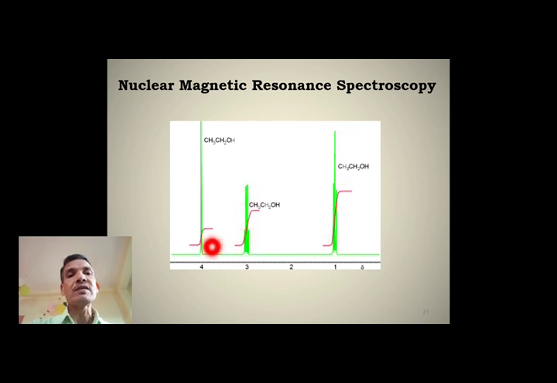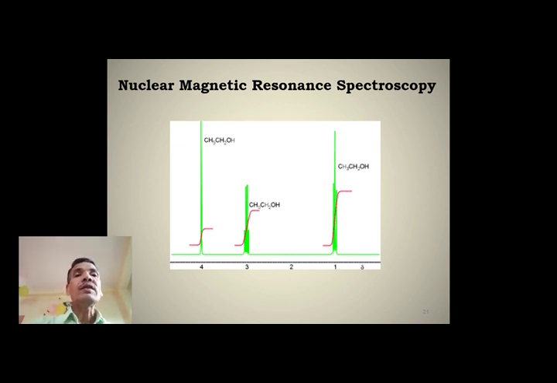This is the second and this is the third. The signal of high intensity is for one kind of proton. The signal at 3 delta value is for another kind of proton, and the signal at 1 delta value is for the third kind of proton.